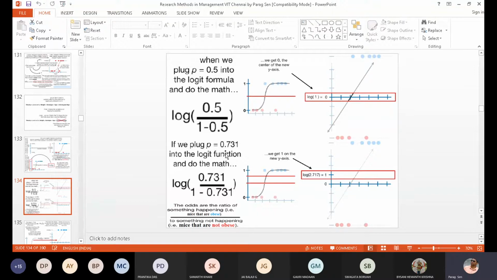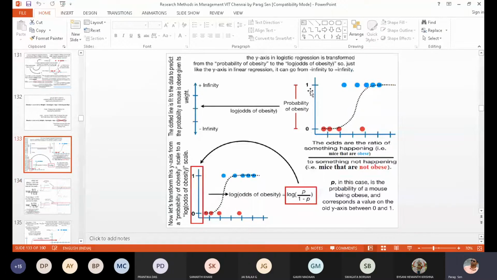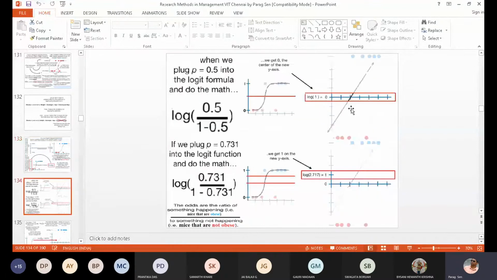Now suppose we plug p equal to 0.731 into the logit function and do the math. In a similar way you will get log 2.717, which is equal to 1. Okay, so in this way you will be calculating. You can see that earlier the scale of the y-axis was from 0 to 1, but if you take the log odds of obesity, then this scale will be from minus infinity to plus infinity.